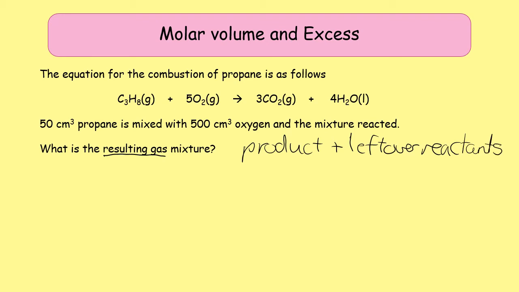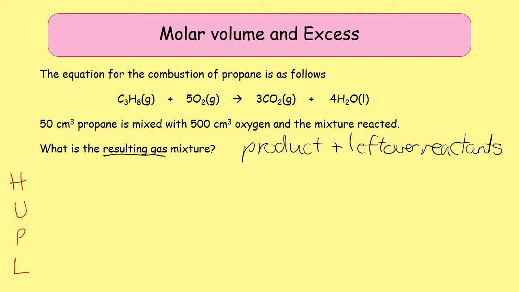So whichever reactant is in excess, there will be some left over. So how I like to set out questions like this is I like to say what I have, what will get used up, what will be produced, and what is left over.